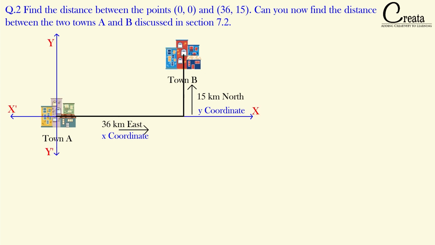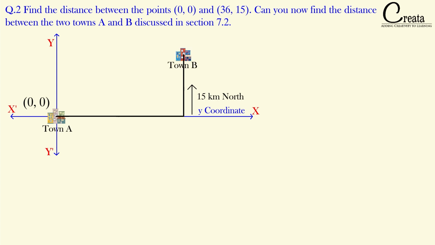If we assume town A at (0, 0) of the coordinate plane, then we can calculate the coordinate of town B, that is 36 km east and 15 km north. That will be (36, 15). The x coordinate is 36 and the y coordinate is 15.